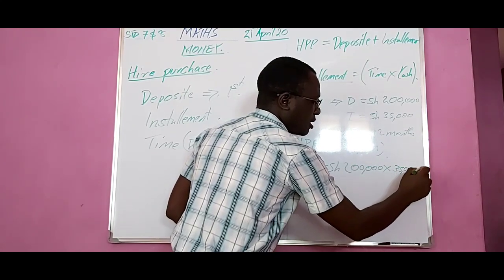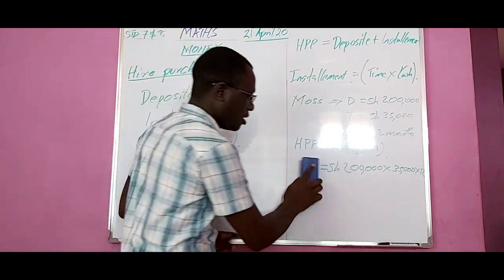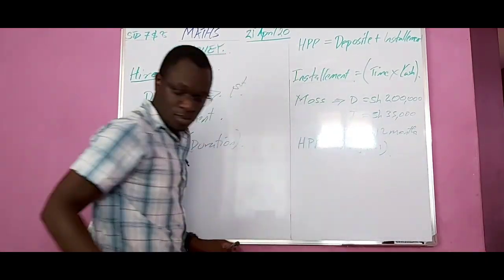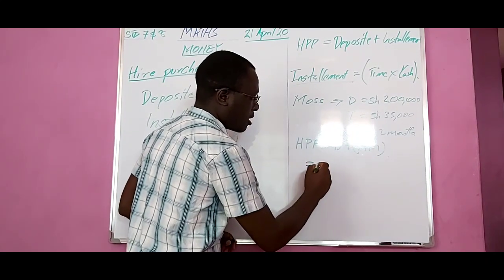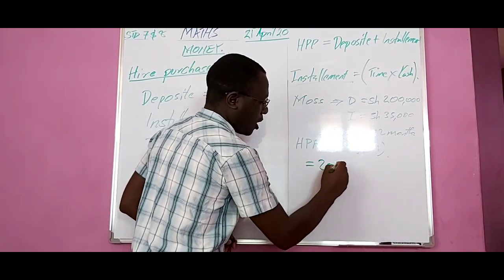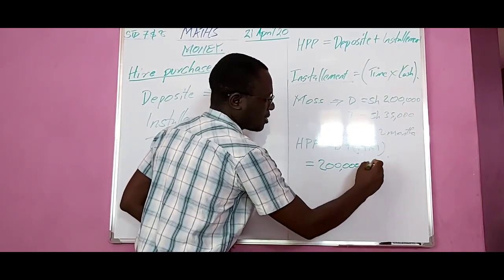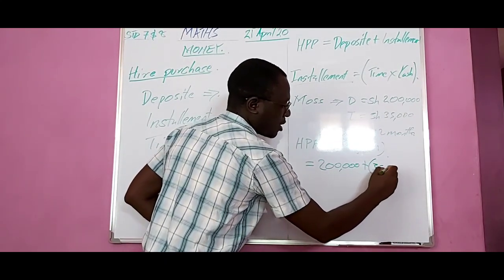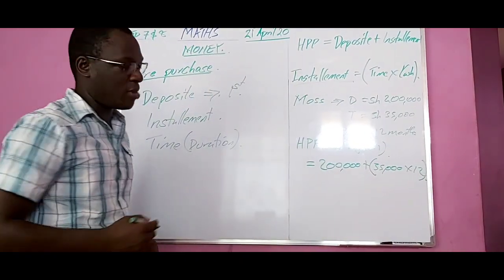Sorry, the space is little there. Let's rewrite it again. We shall say hire purchase price is deposit, 200,000, plus, open the brackets, 35,000 times the time taken to clear, that is 12 months.